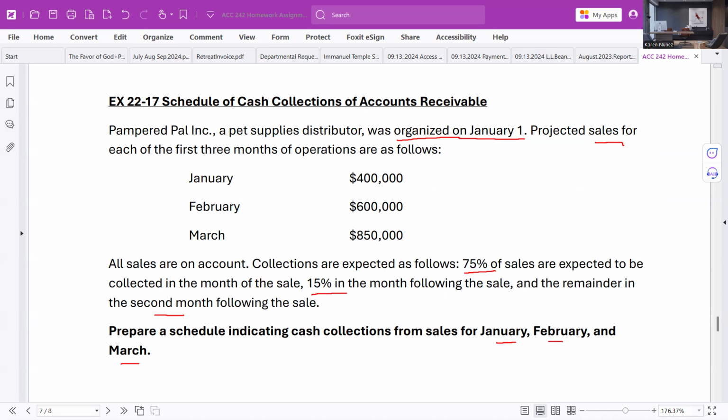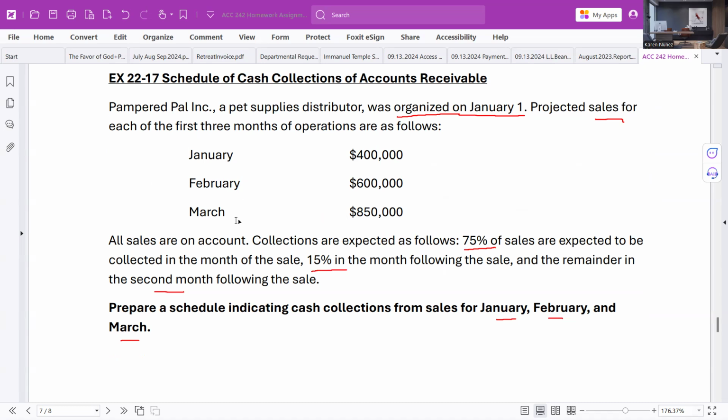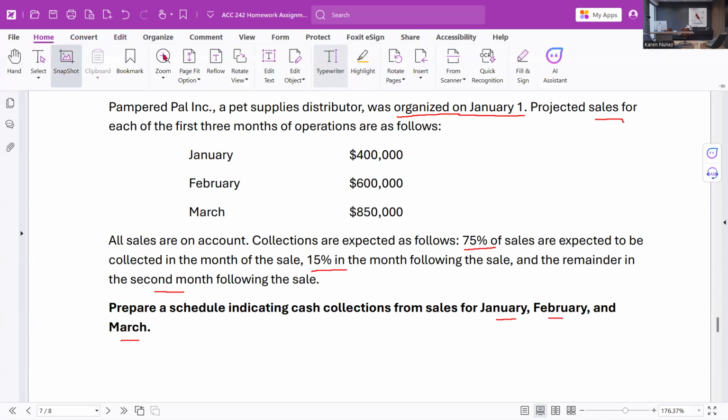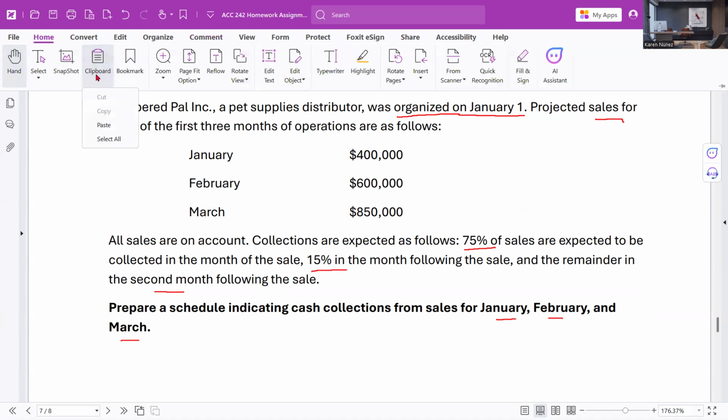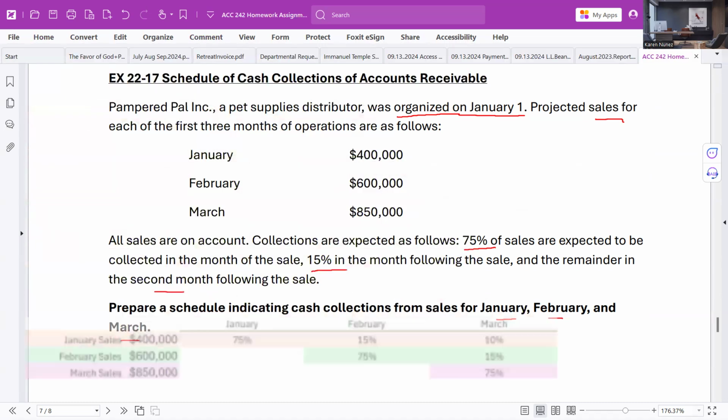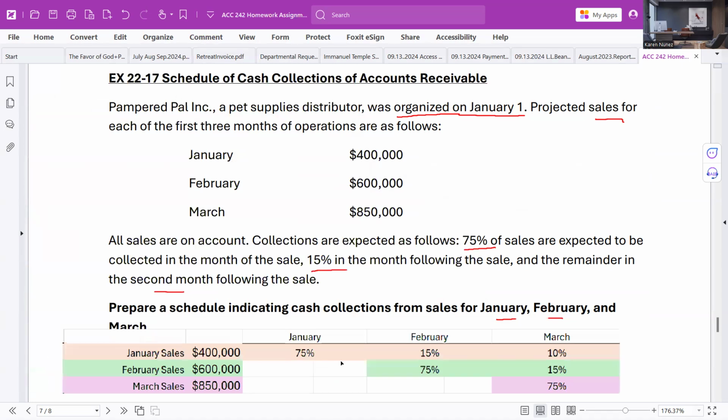So I like to always prepare a nice little schedule or table that shows the collection pattern so I know what I'm working with.